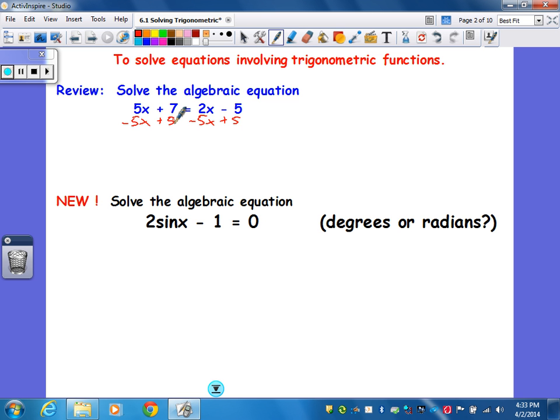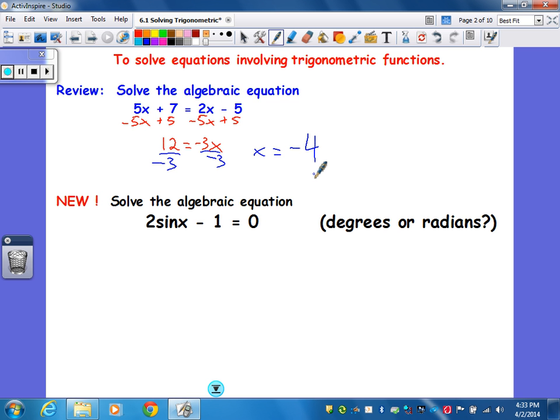That's going to leave me with 12 equals negative 3x. Now I need to divide by negative 3 to get that out of there. So x is equal to negative 4. Pretty simple.